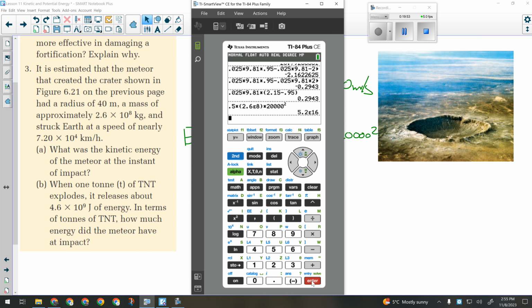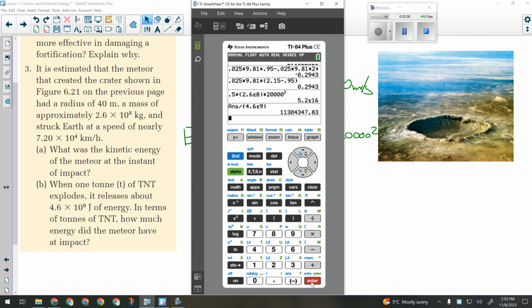So if I take this number and divide it by the amount of energy available in 1 ton, I will get how many tons of TNT were needed to make that hole. So I'm dividing by 4.6E9. 11.3 million tons. That makes that meteor an 11.3 megaton detonation.